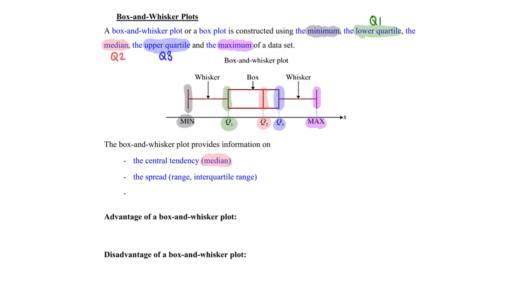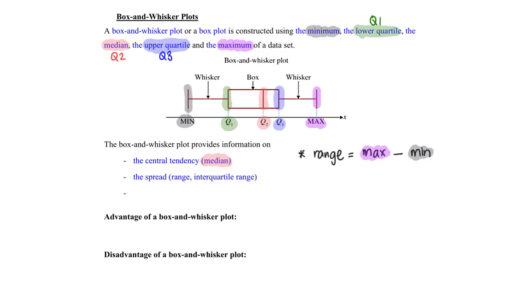Okay, so if you can remember, please do remember, range is equal to the maximum or the highest value of that data set minus my minimum. Okay, so in this case here, I will have my maximum number minus my minimum number.